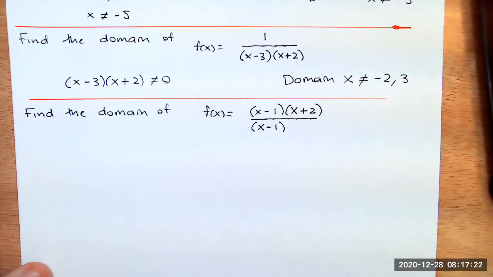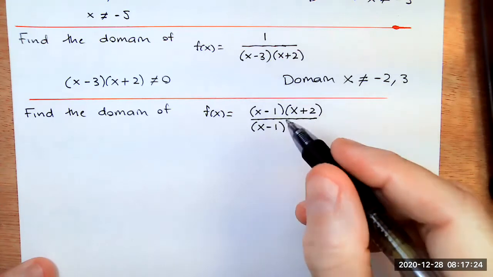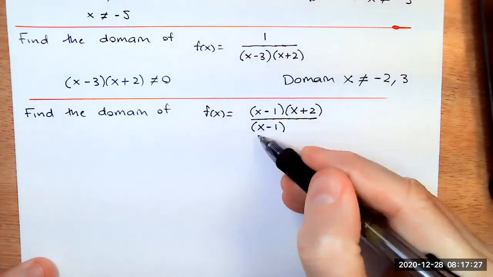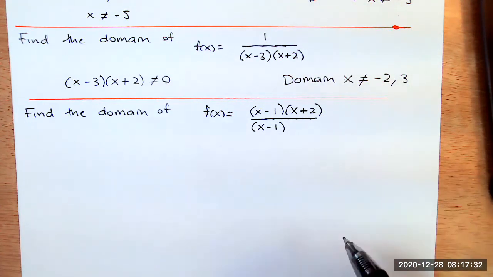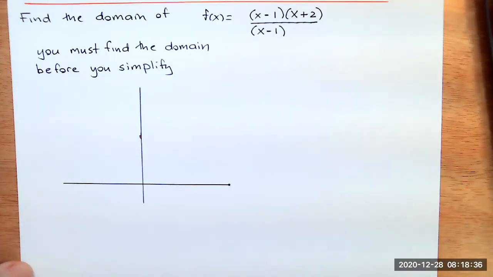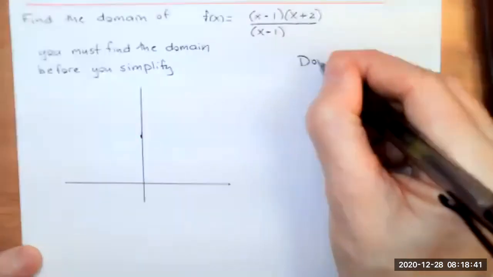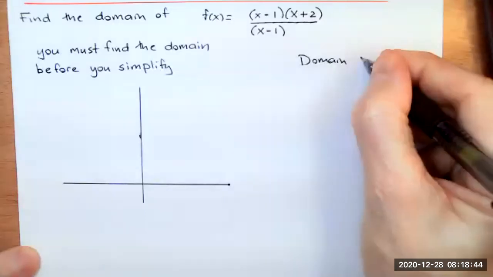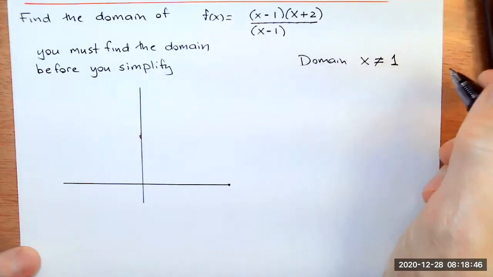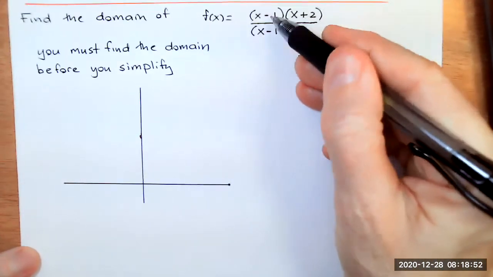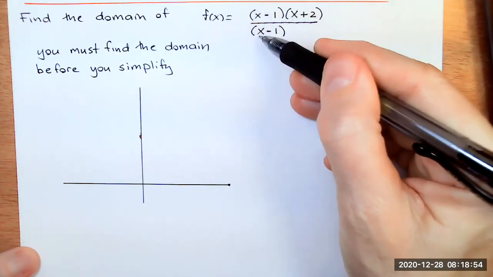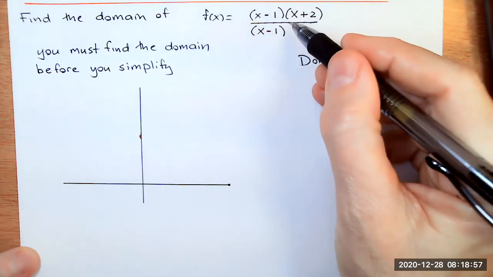Let's try another. All right, let's find the domain of this function. And you might be tempted to simplify right away, but you want to find the domain before you simplify. Let me write that down for you. So the domain of this function is x is not equal to 1. So what does that look like in the graph? Well, this part of the function is equal to 1, so it doesn't affect the way the graph looks.